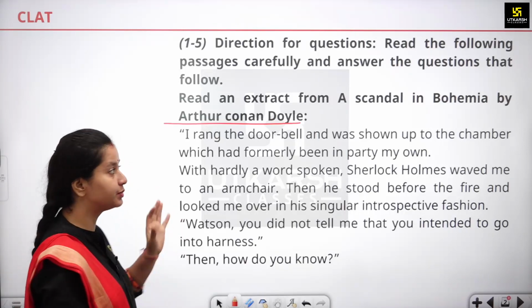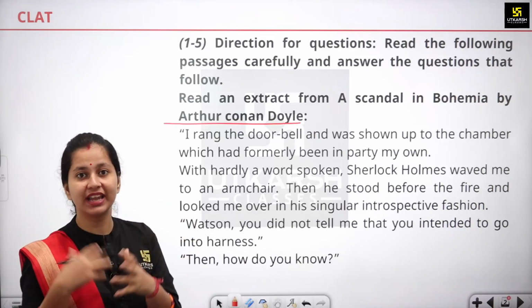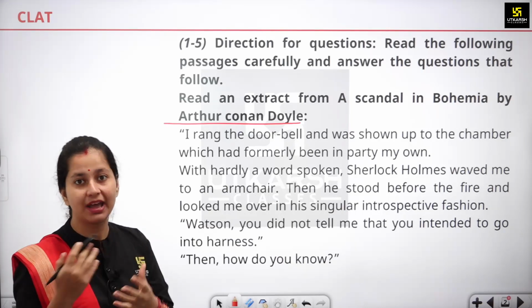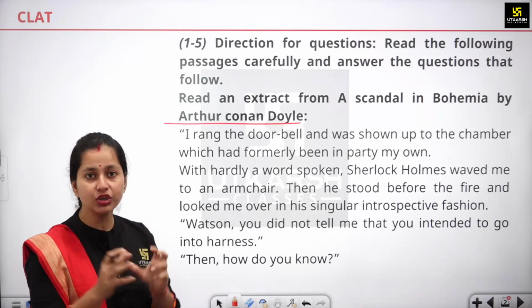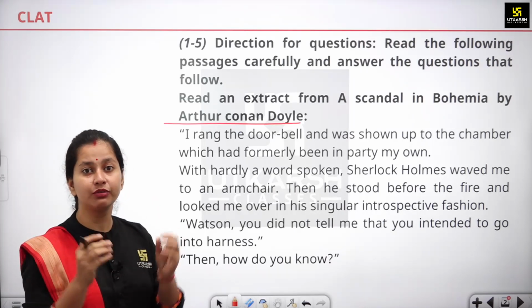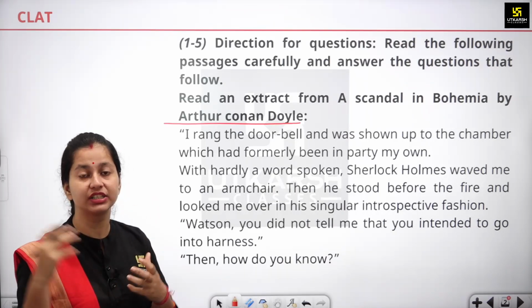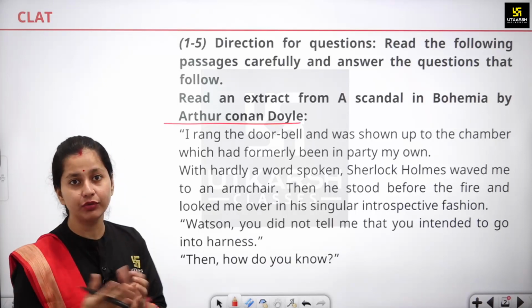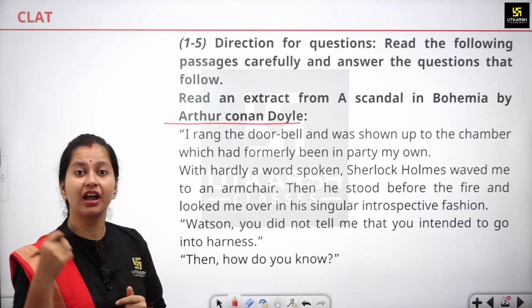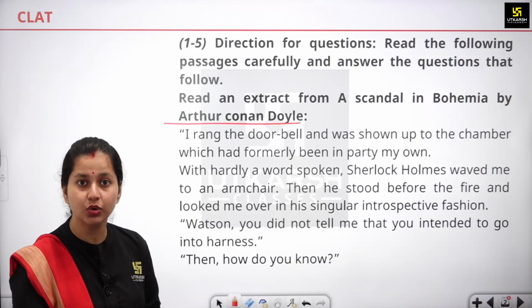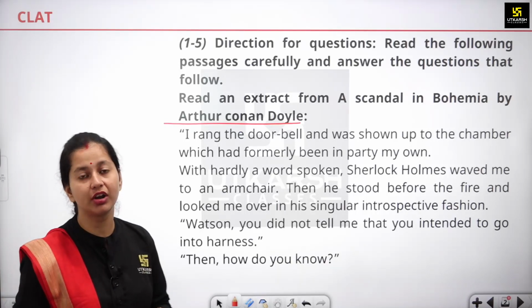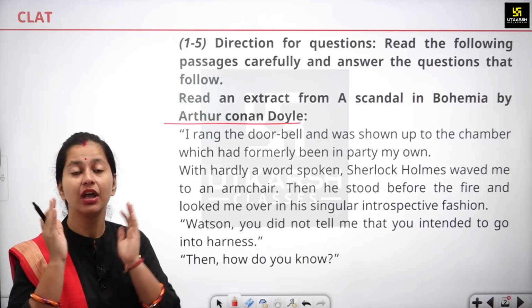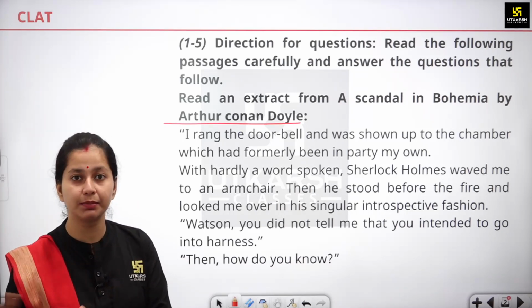Let's read this passage. In case you don't know what fictional and non-fictional are, let me just tell you: those passages which have facts and figures, derived from factual sources, whether from a newspaper, a journal or a research article, are called factual or non-fictional passages.